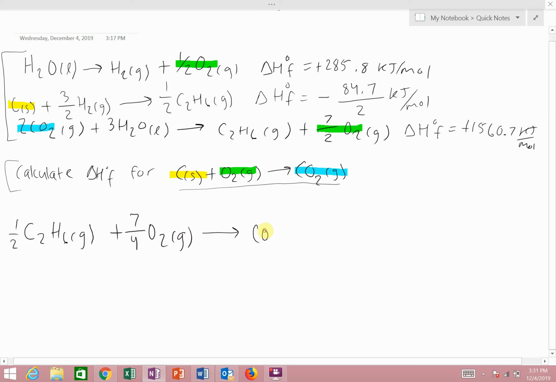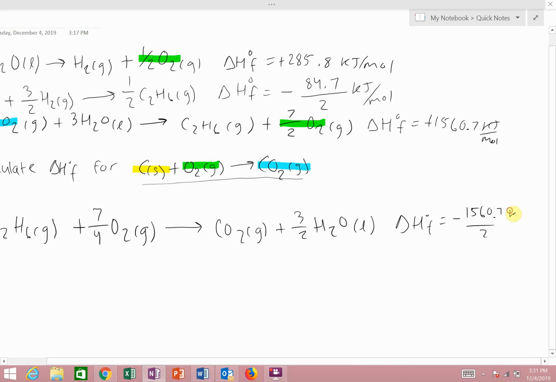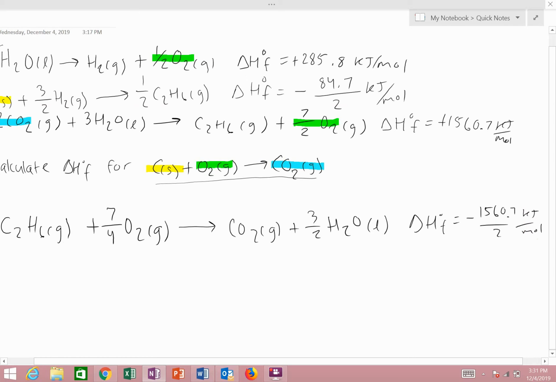We have 1 mole of CO2 since we're dividing it by 2, and then 3/2 of water. And then now our enthalpy change is going to be negative 1560.7/2, kilojoules per mole.